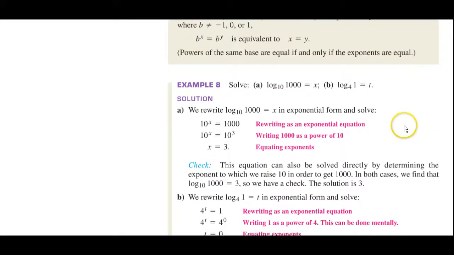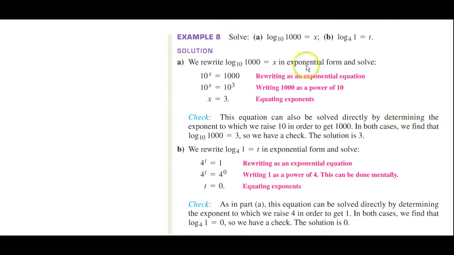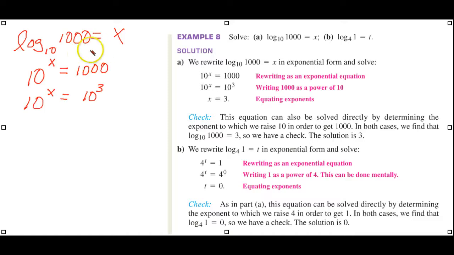So they're asking us to solve this and then later solve this. So let's look at this. They're starting us off with a sort of easy one. So again, converting this log into exponential notation. Our base is 10. 10 to the x power equals 1,000.